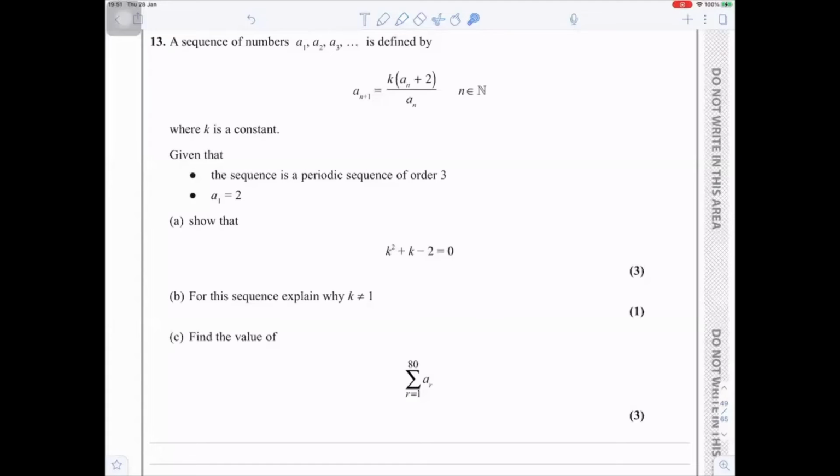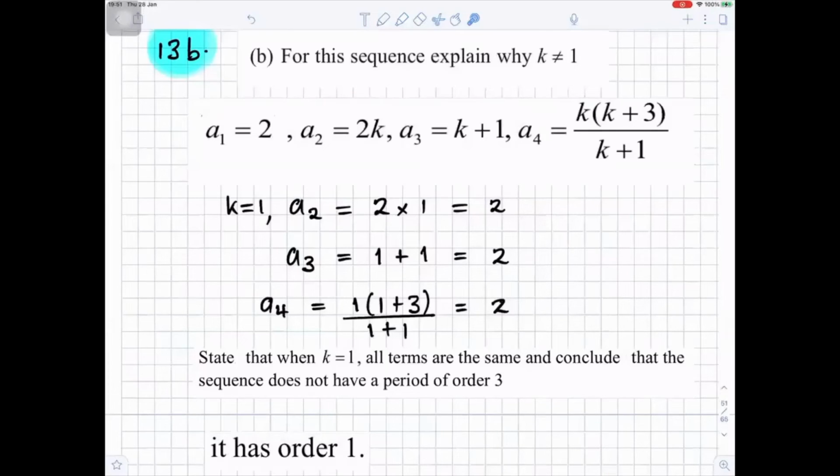Question 13b. For this sequence, explain why k is not equal to 1. So we know that a1 is 2, a2 is 2k, a3 is k plus 1, and we know a4.